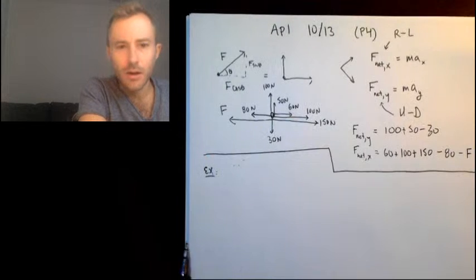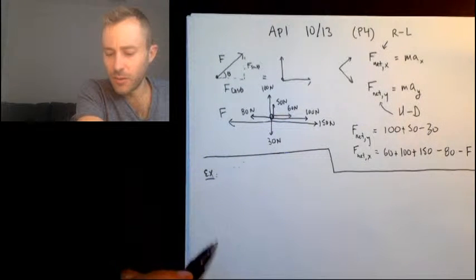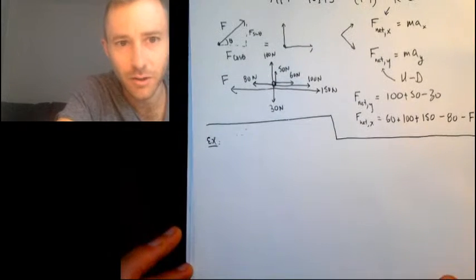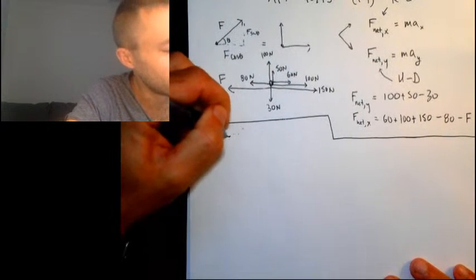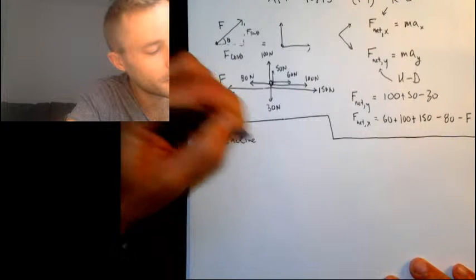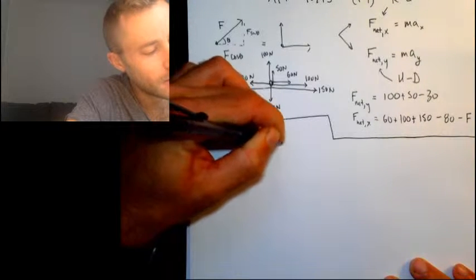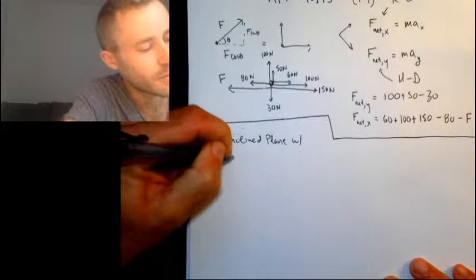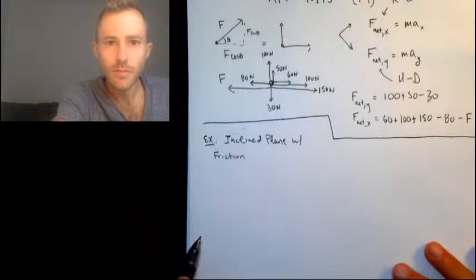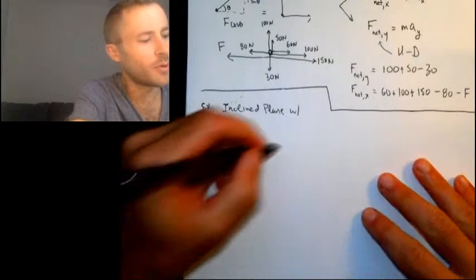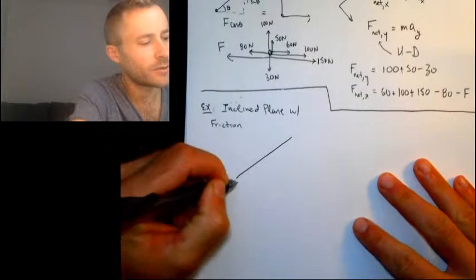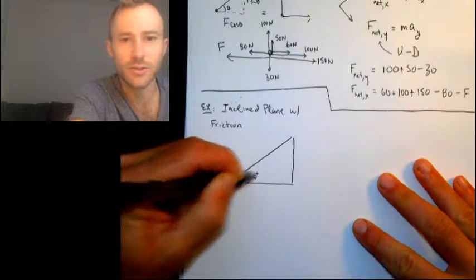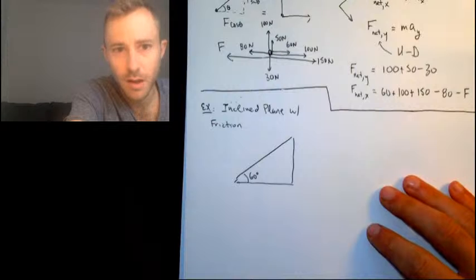So the first example I want to do is 2 examples of an inclined plane with friction. The problem is like this. We have an inclined plane, and let's say the angle of the inclined plane is 60 degrees, so it's quite steep.